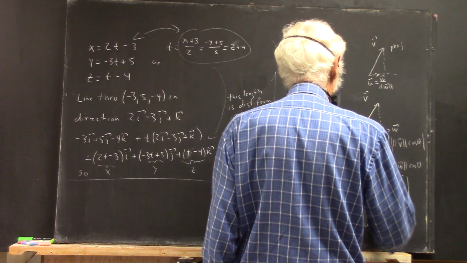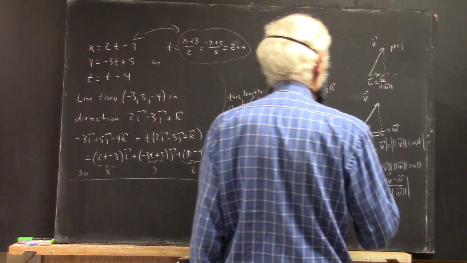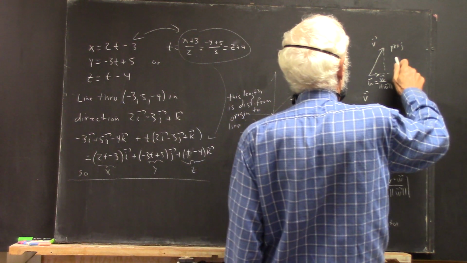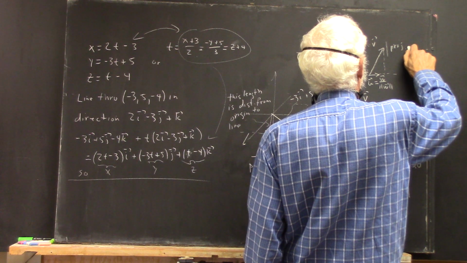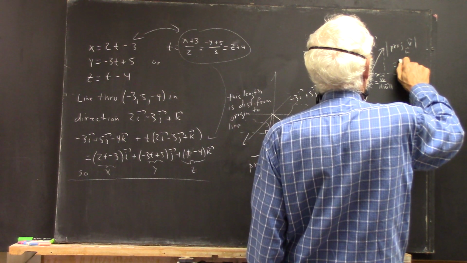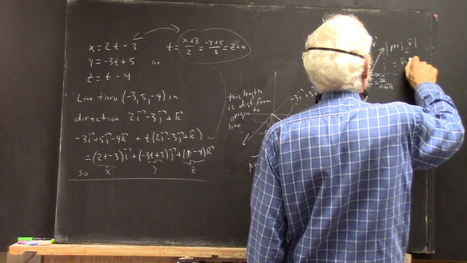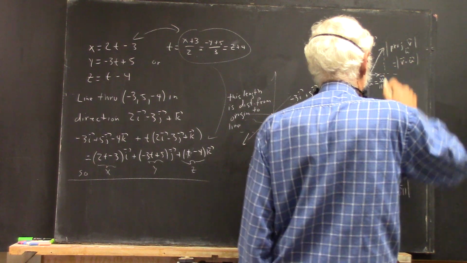There's also the vector projection. The magnitude of the projection onto u of v equals the magnitude of v dot u.